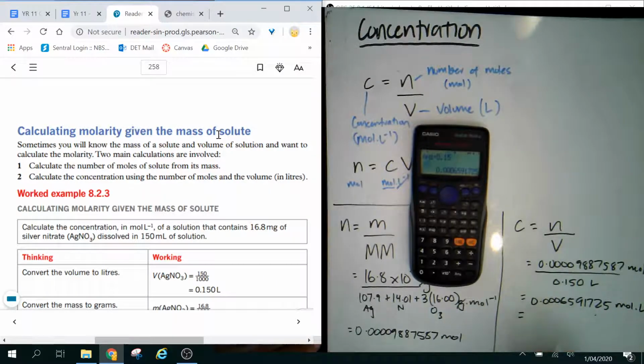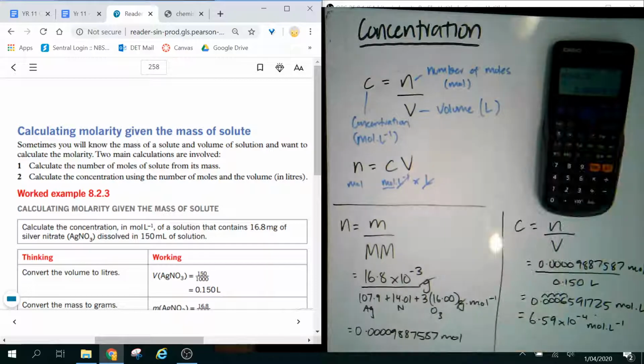Now if I go back to the question, I was given 3 significant figures here and 3 significant figures from the periodic table, so I can give my answer to 3 significant figures. 6.59 is 3 significant figures, rounding down because the next number is 1, times 10 to the minus 4 moles per liter is the concentration of that solution. So there's the final working.